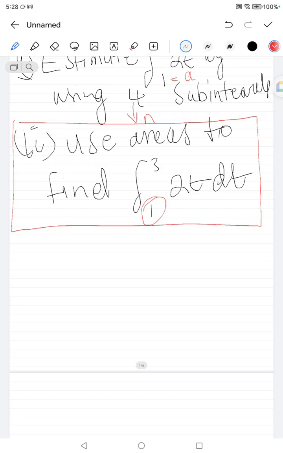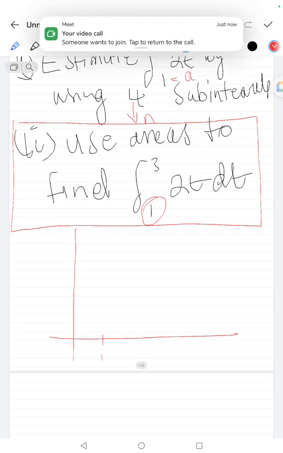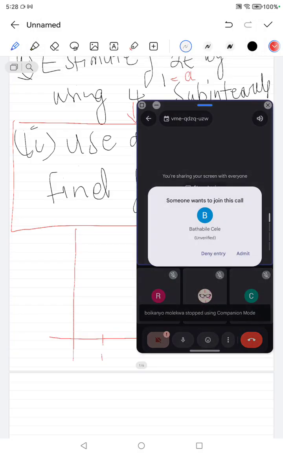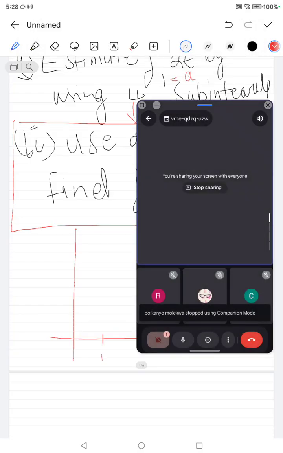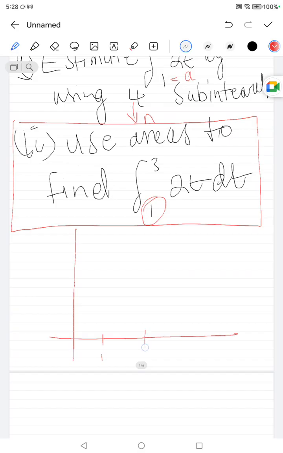Then we draw the Cartesian plane, something that looks like this. Okay, it's between 1 to 3. Then we can say this is 1, then you have your 2, then you have your 3.